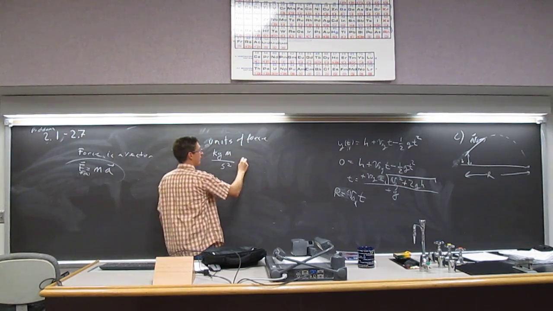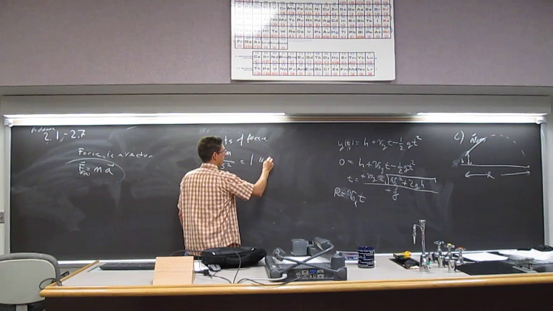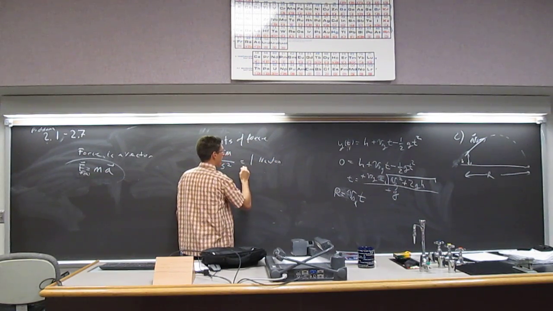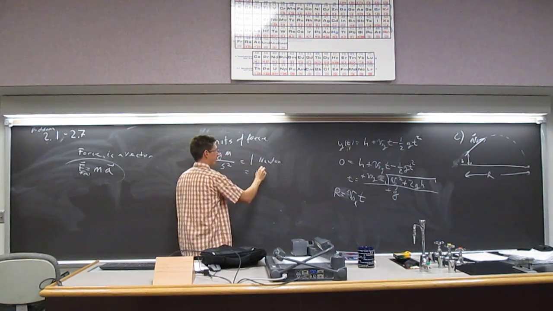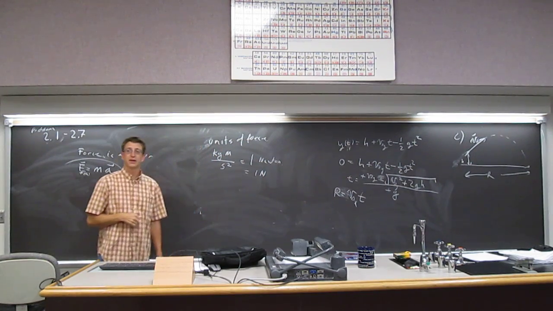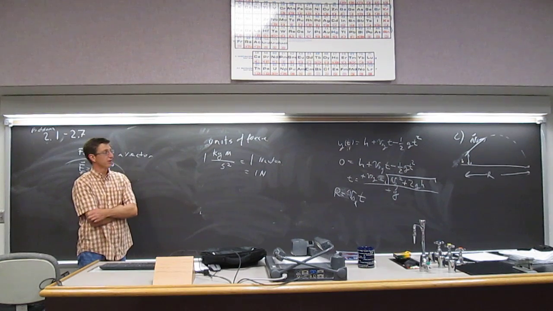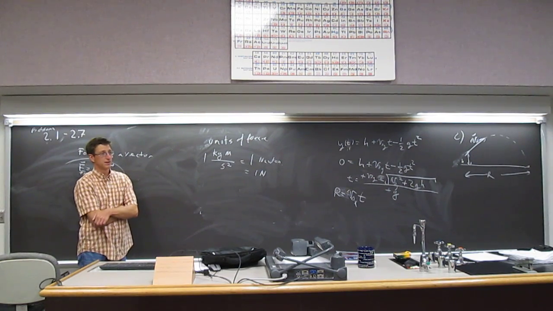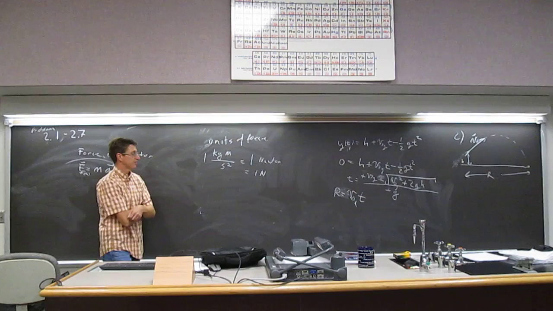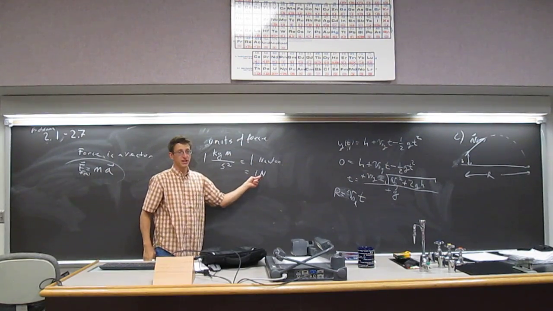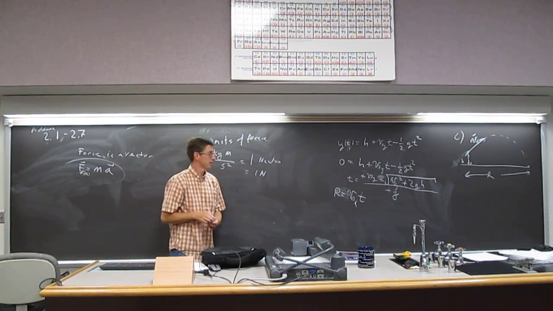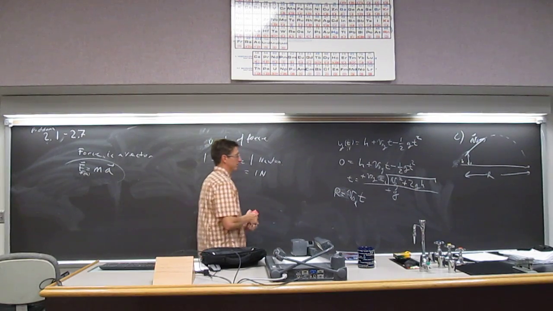That's called 1 Newton. This is the SI unit, and that's symbolized with a big N. So 1 kilogram meter per second squared is 1 Newton, with a big N here. Okay.